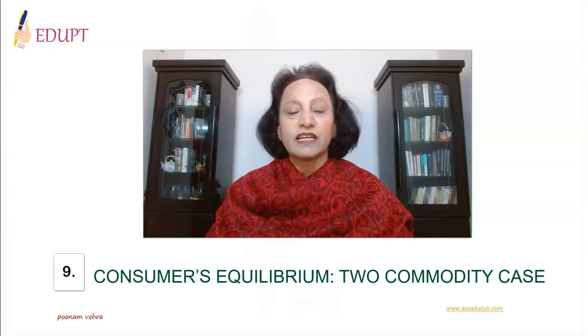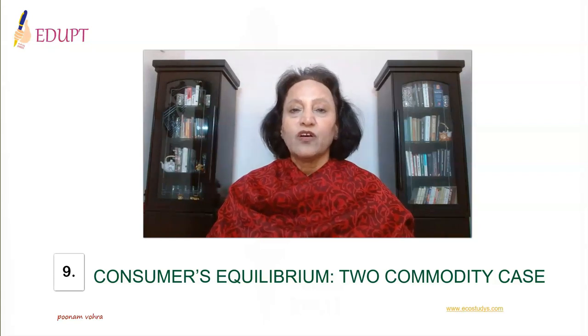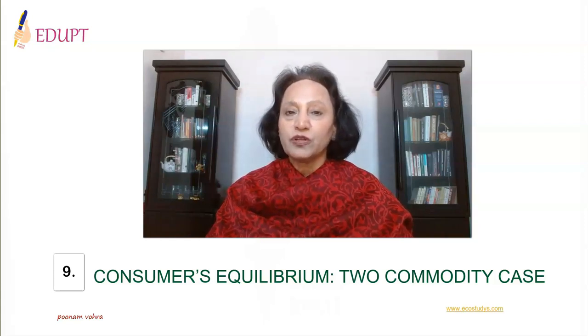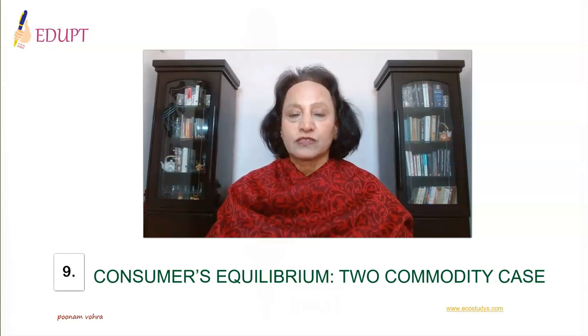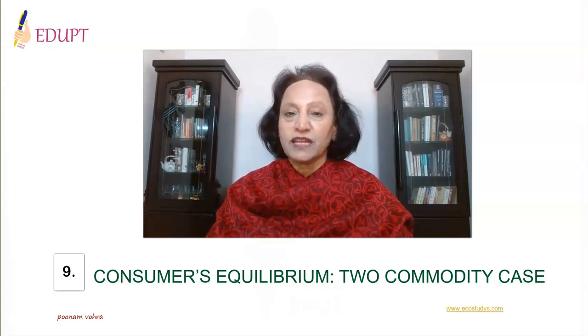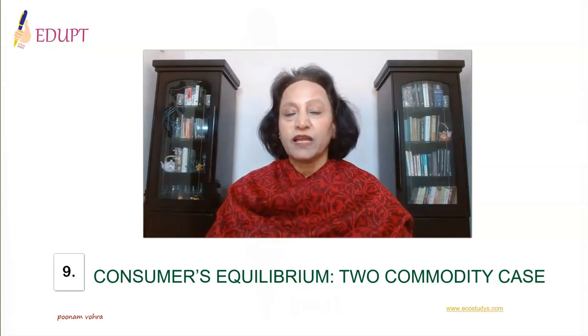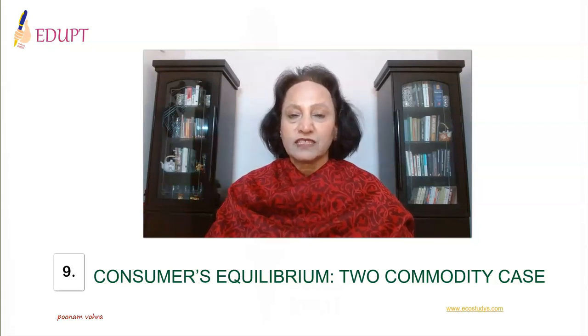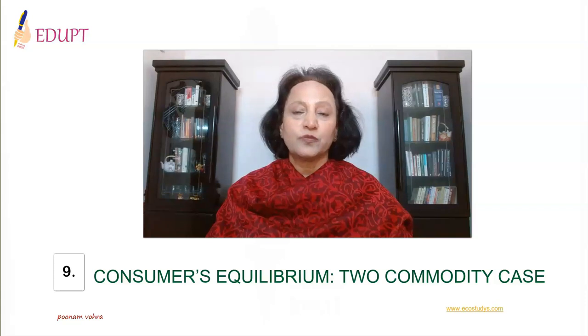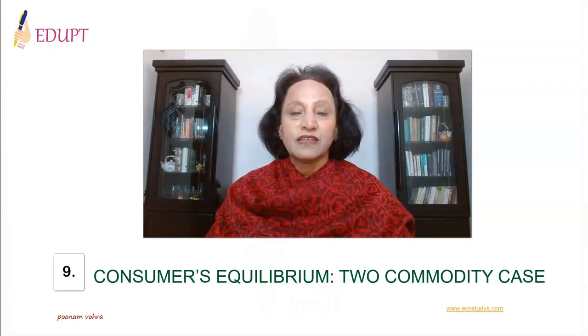The entire exercise is to allocate his limited income on the different units of two goods consumed in such a manner that utility derived by consuming certain number of one unit is same as utility derived by certain other units of another good, and the summation of such utilities should be equal to or less than his income.